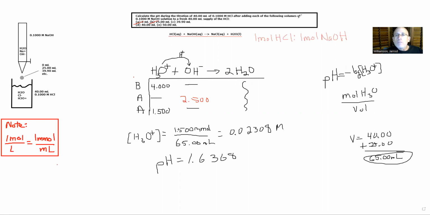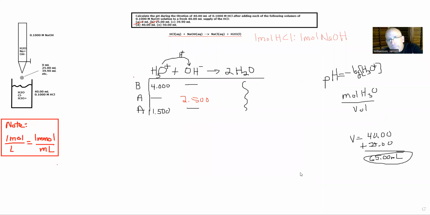Well, it's a fresh batch of 40 mils. So the number of millimoles will be the same for starters, 4 millimoles of hydronium ion. But what will be the volume that I end up with?